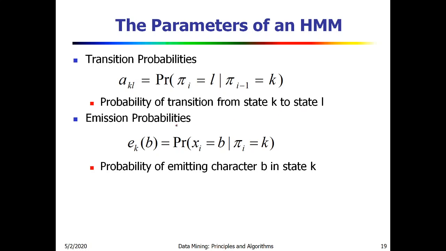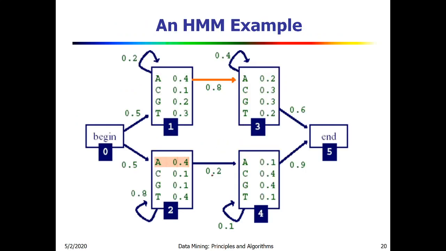The emission probability is the probability at symbol b in state K, that is, probability of xi equal to b given pi of i equal to k. This is the probability of emitting the character in that state.